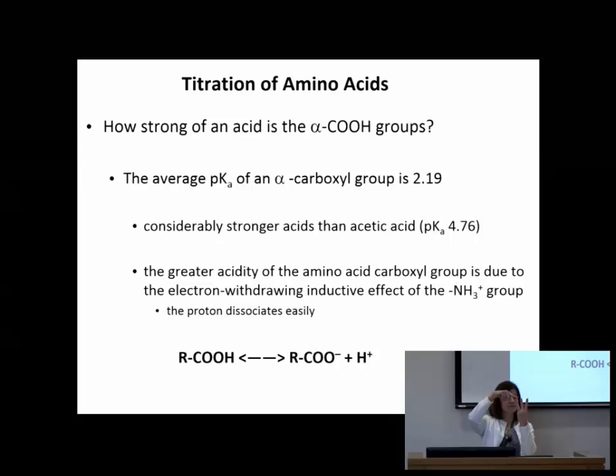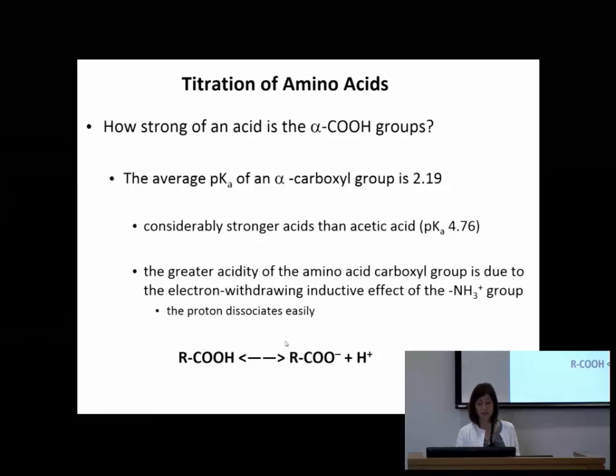So what happens is we have an electron withdrawing functionality of our amine group, which stabilizes the form that has donated the proton. And that makes this acid more readily able to give up that proton. So the proton dissociates easily.